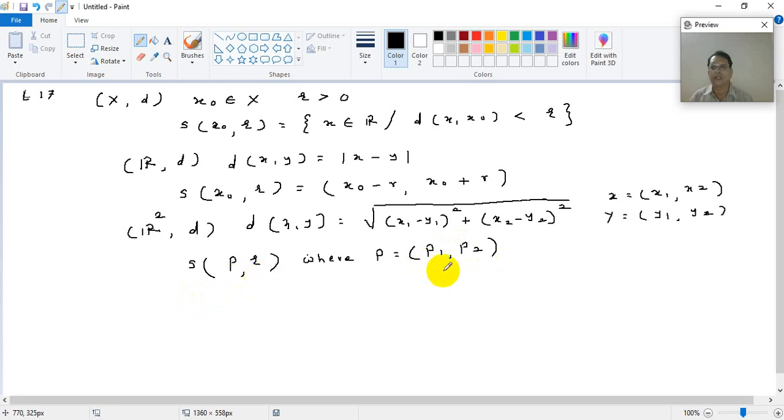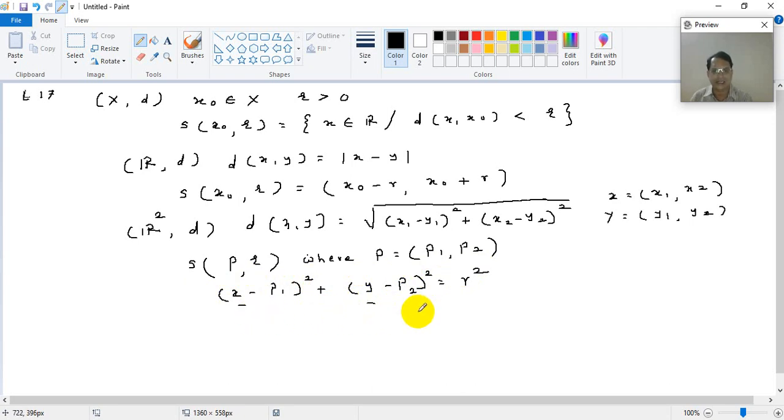So if the coordinates of the center are P1, P2 and the radius is r, we know from the conic sections that we have studied, the equation of that circle will be (x minus P1) squared plus (y minus P2) squared is equal to r squared. x and y are those points where this condition is satisfied.